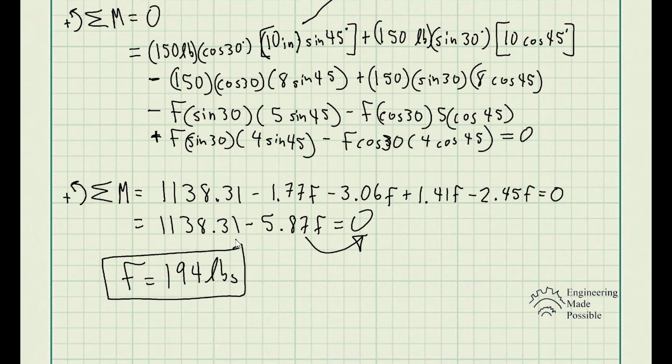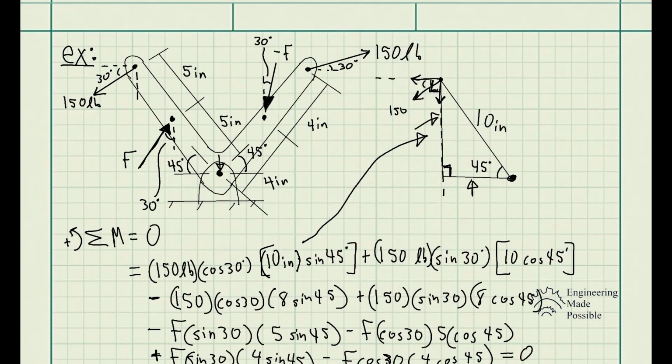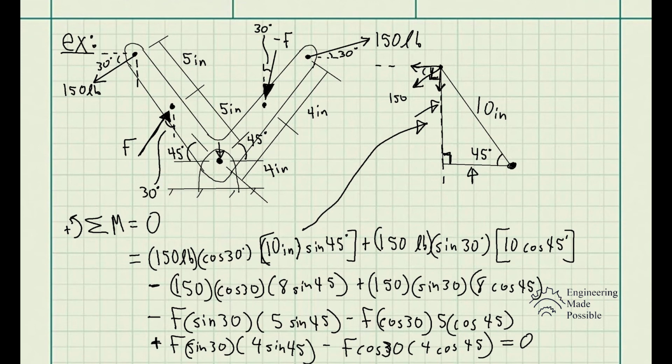Now, another way that could have been used to solve this same problem is, let's go back to the drawing here. You know how in this case we decided to split up the forces into the x and y components and get the moment of each component for each of the forces.